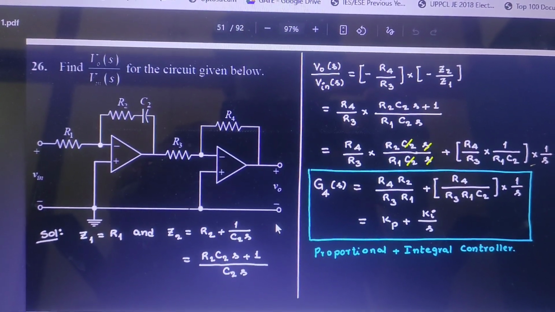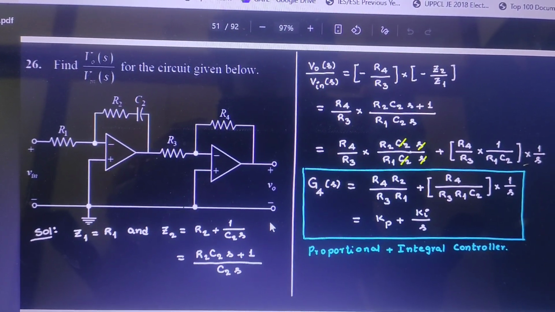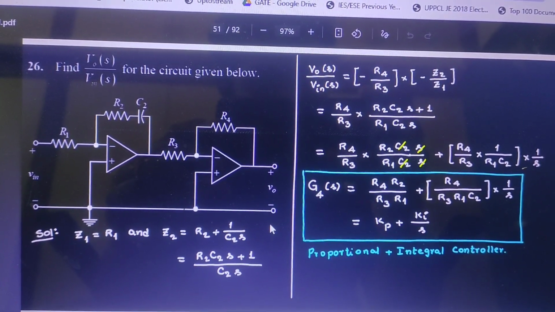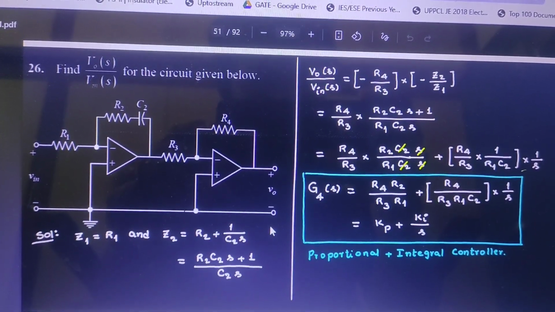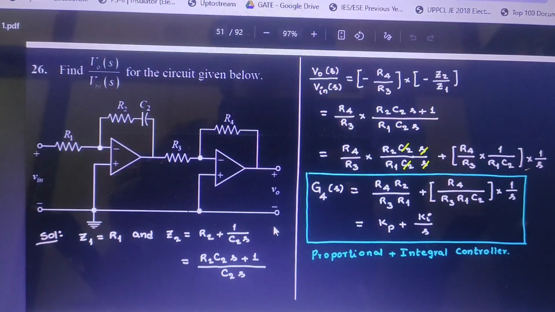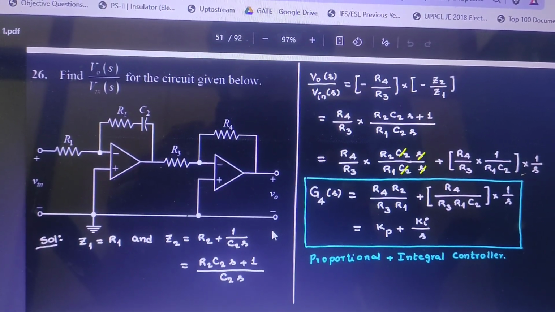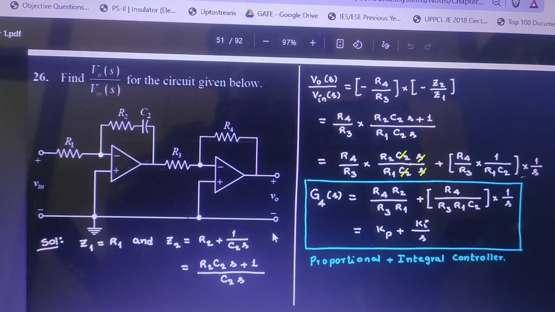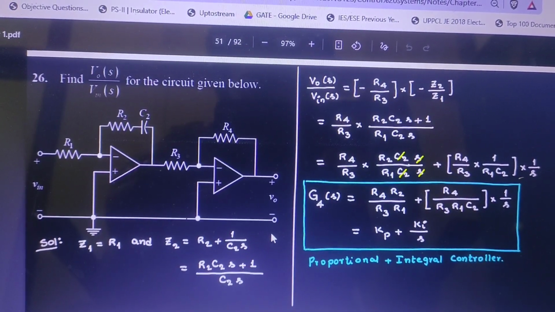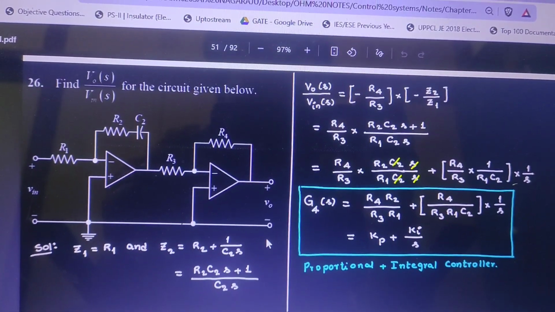By solving the circuit, you will get a proportional plus integral controller, where the proportional control is Kp and the integral control is Ki by s. Kp is R4 R2 by R3 R1, and Ki is the integral controller, that is R4 by R3 R1 and C2 into 1 by s.